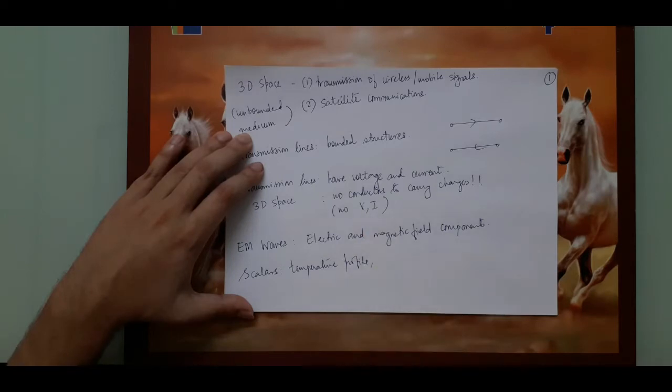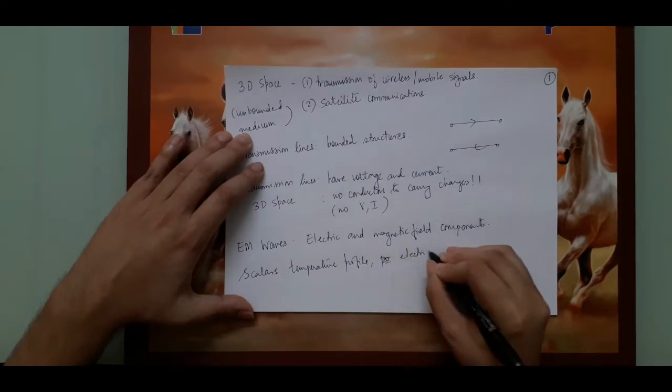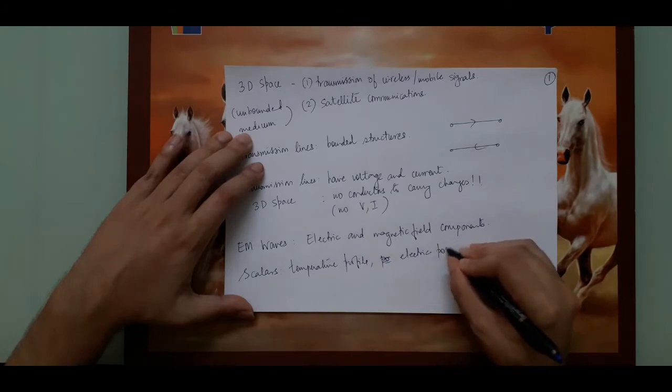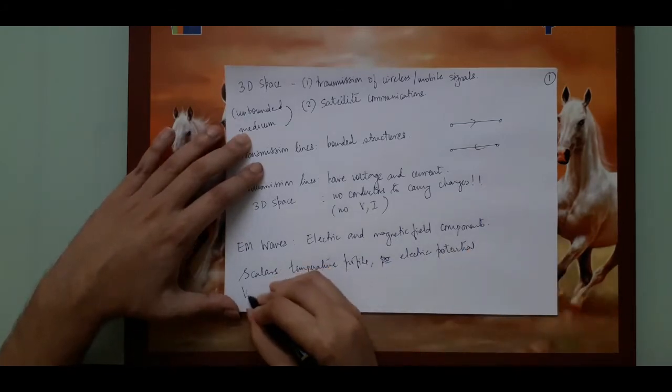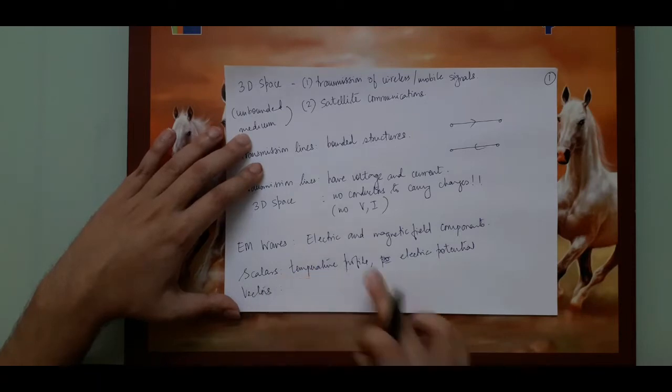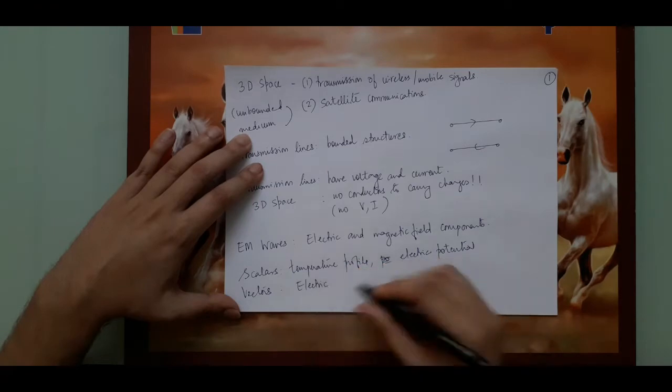In terms of electrical quantities, you can have electric potential, and vectors. The easiest examples are electric and magnetic fields.